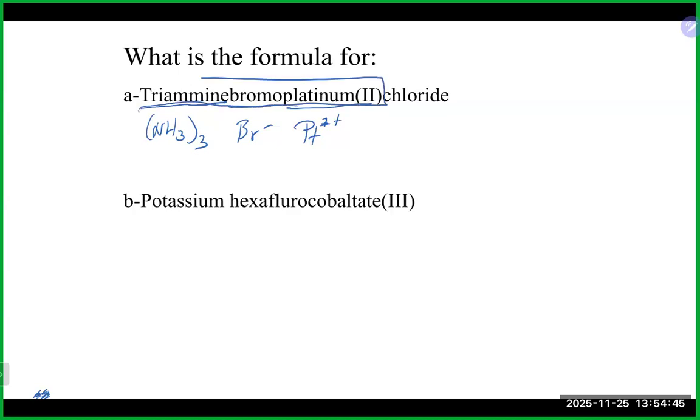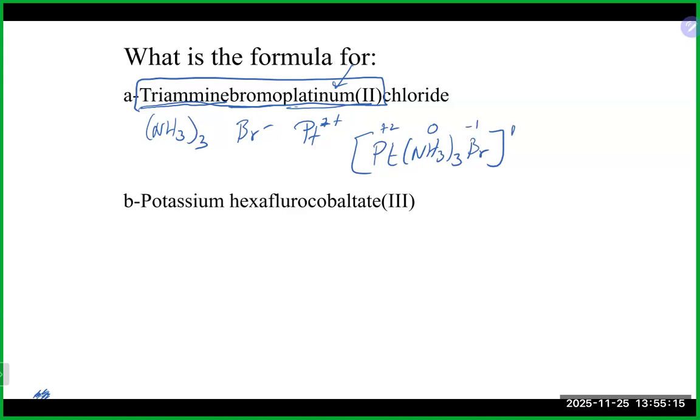Remember that always in the complex ion part of the name, the metal will come at the end. So that's how I know that's the end of the complex ion part. If we put together our complex ion, we've got our Pt, we've got our NH3, and we've got 3 of them, and we've got our Br here. Here we're going to figure out the overall charge of our complex ion. The platinum is +2, that is 0, and that is -1.